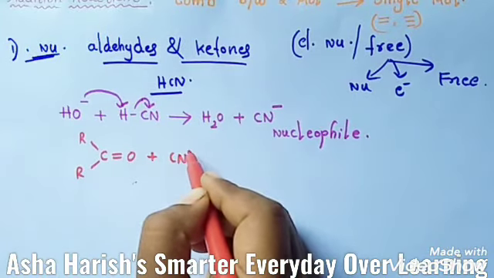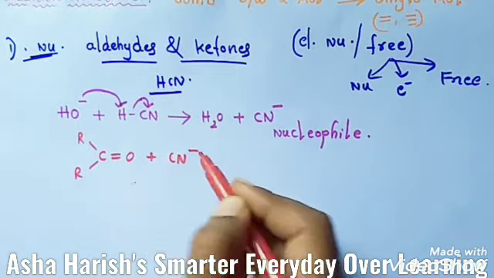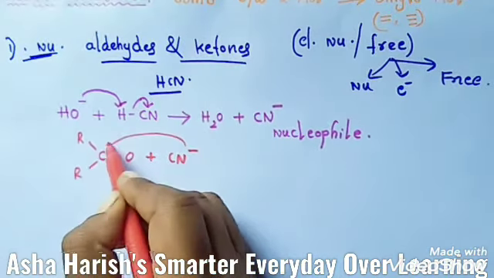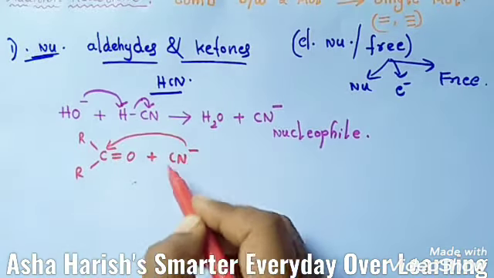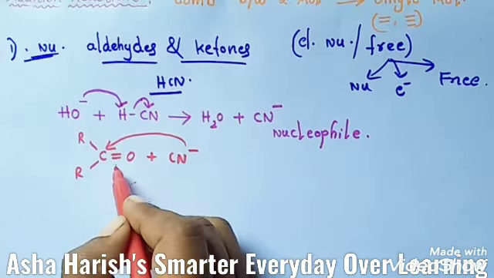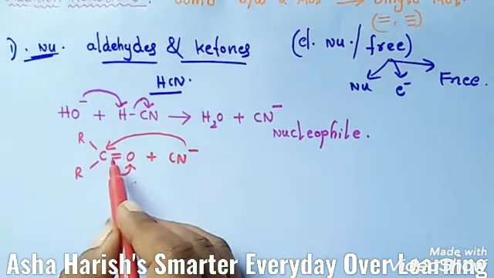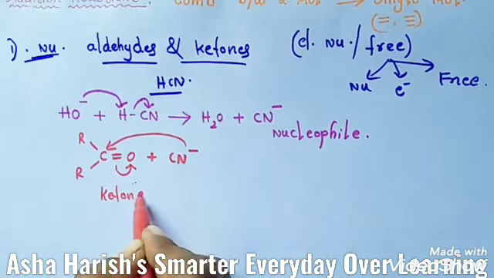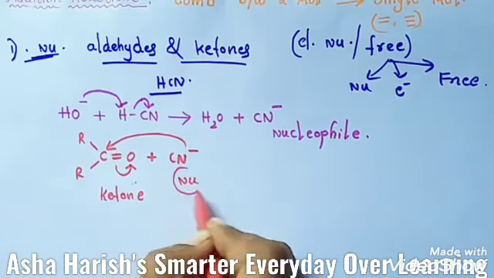The nucleophile CN minus attacks this carbon, then the electrons shift towards the O. This is only ketone and this is acting as nucleophile.